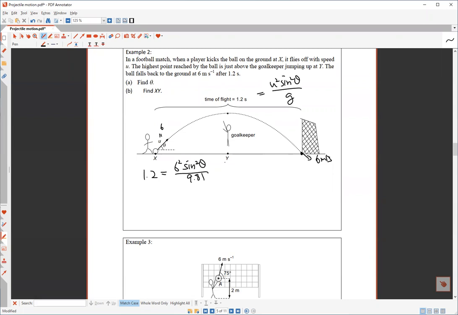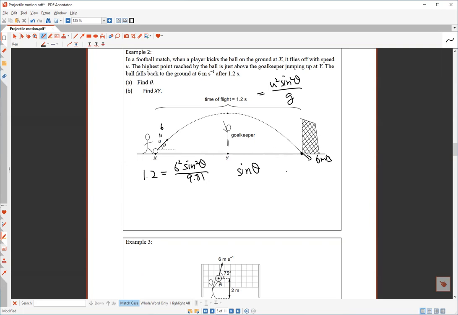So let me try to solve it. You get sine theta first. Don't forget to take the square root. 0.571, so 0.572. The angle I get.